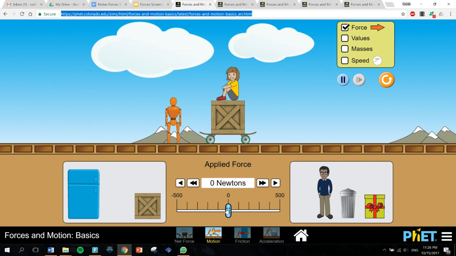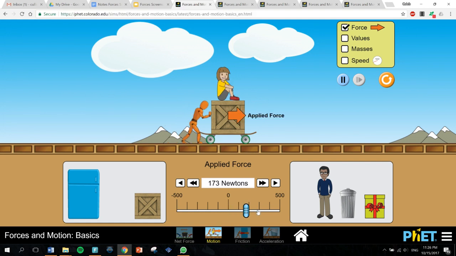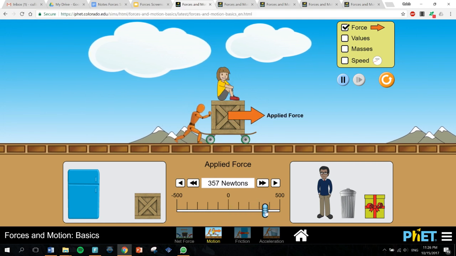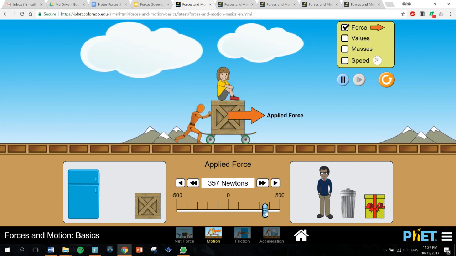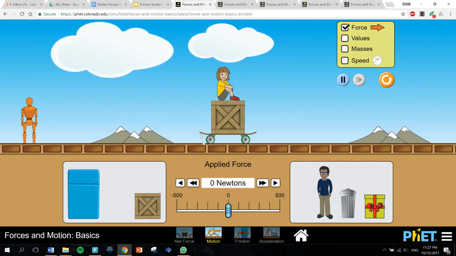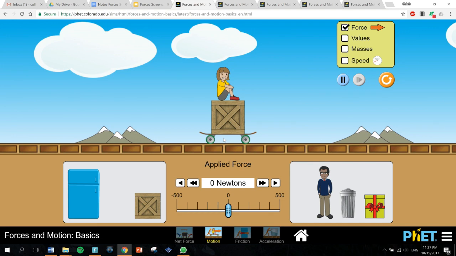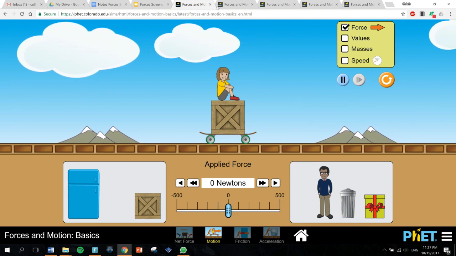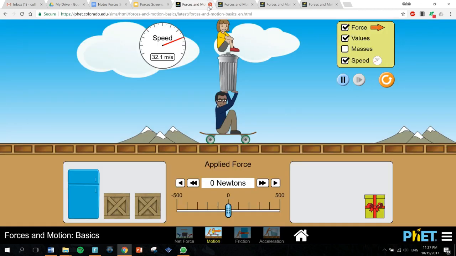If it is inertia, it's doing what it's already doing. In order to move it, I need to apply a force. I'm changing its inertia. Now I let it go and it just keeps doing what it already was doing, right? There's no force acting on it.